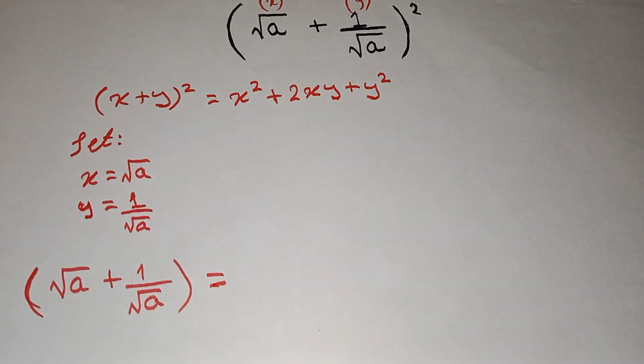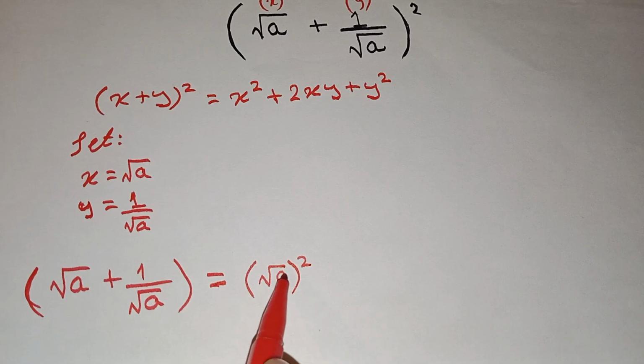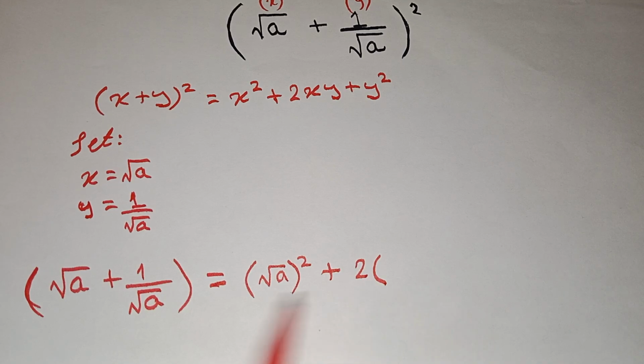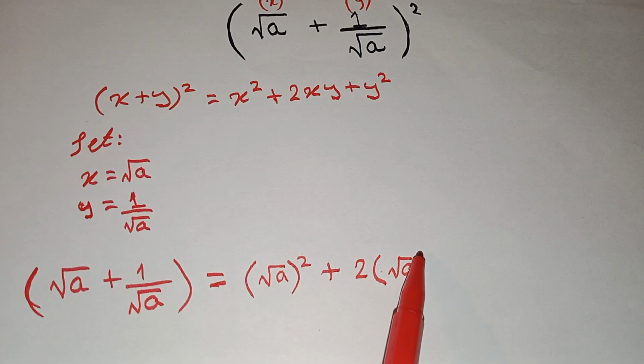Now we will implement the formula. x square is square root of a whole square. Now plus 2 will be written as it is. x will be represented by square root of a, so 2 square root of a. Now what we will do next is y. What is y? 1 over square root of a.